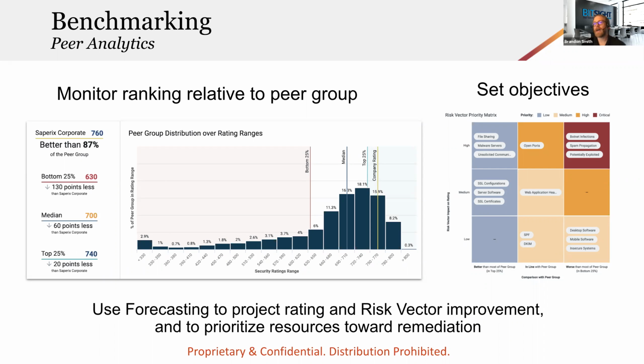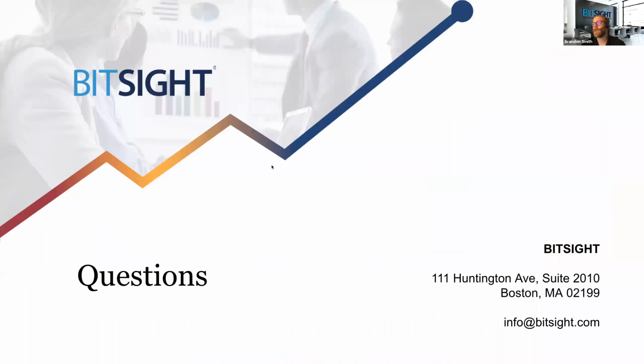You define that based on your industry, your company size, the number of assets you have, things like that. It gives you a good idea of where we are versus people who are like us. From there, you can break it down into a gap analysis and say, versus people who are just like us, here are the things that really stand out. In the case over here to the right, botnet infection, spam propagation, potentially exploited. Those are things I would want to touch on first.